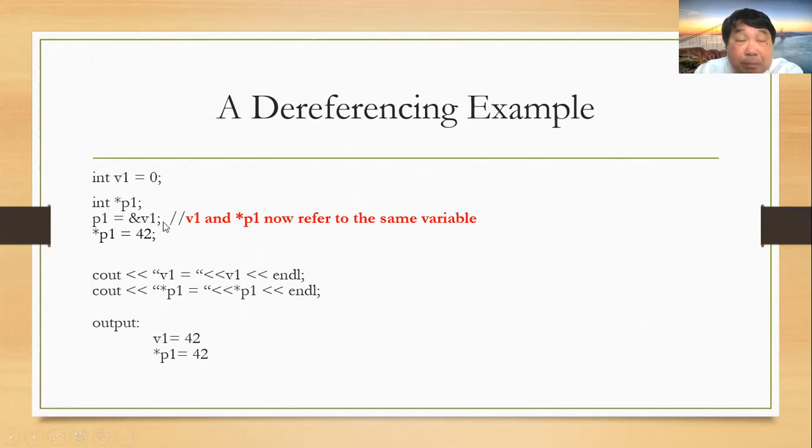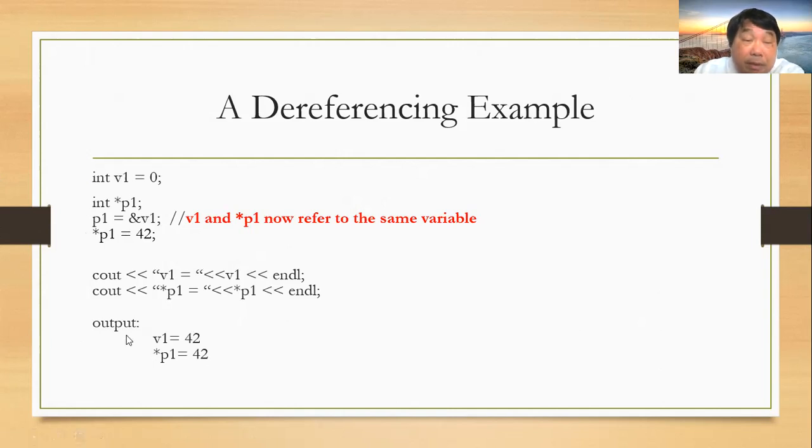After this point, v1 and asterisk p1 refer to the same variable. So if in the next statement we assign the value 42 to asterisk p1, the value of v1 will also become 42, because now v1 and asterisk p1 refer to the same variable, the same memory location.